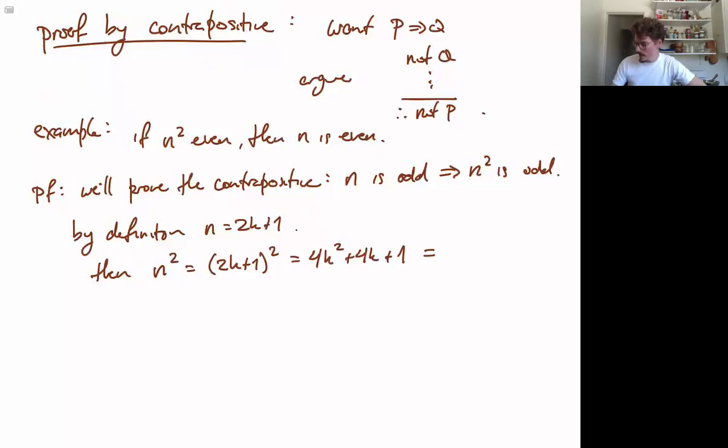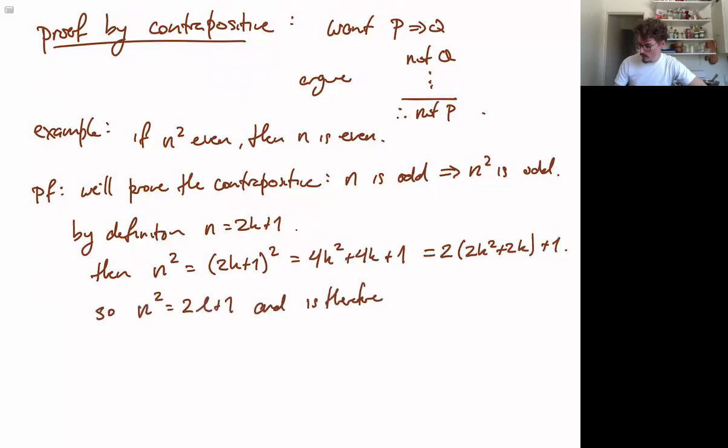And this we can rewrite as 2 times something, 2k squared plus 2k, plus 1. So n squared is 2l plus 1, and is therefore odd. That's an example of a proof by contrapositive.